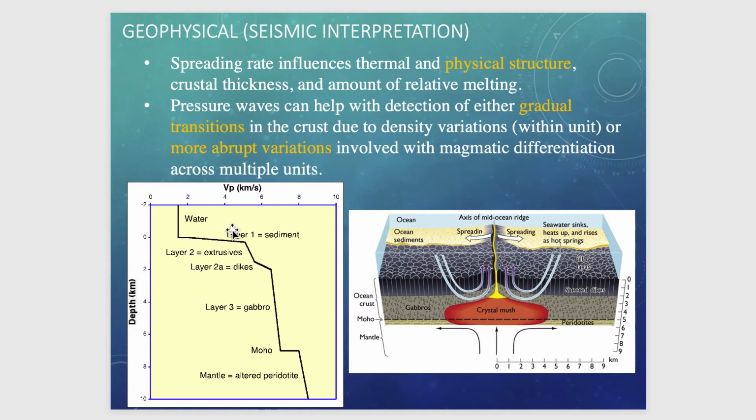And as you see, we have different layers, so we go from sediment in here to extrusives, so the pillows, and then the dikes, and then gabbros, and then we hit the Moho. So we have a jump related to the fact that we step into the mantle peridotites.